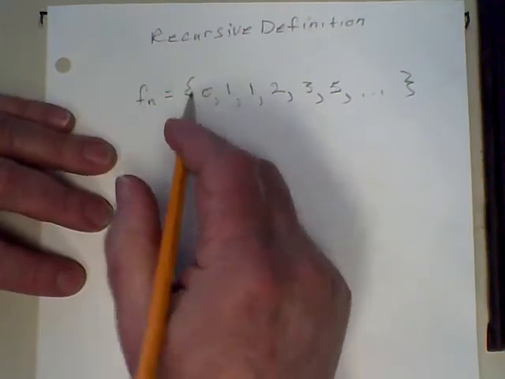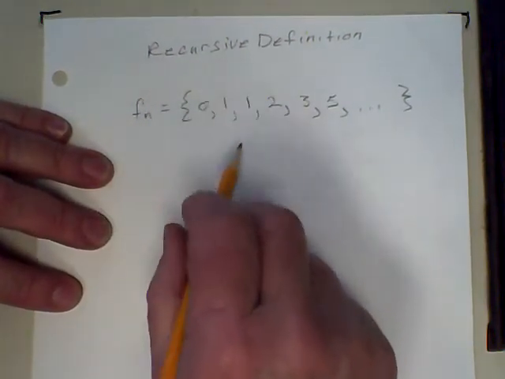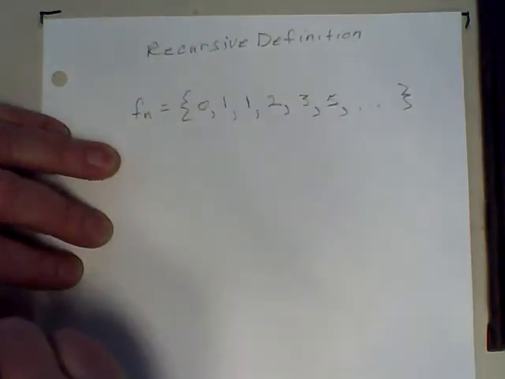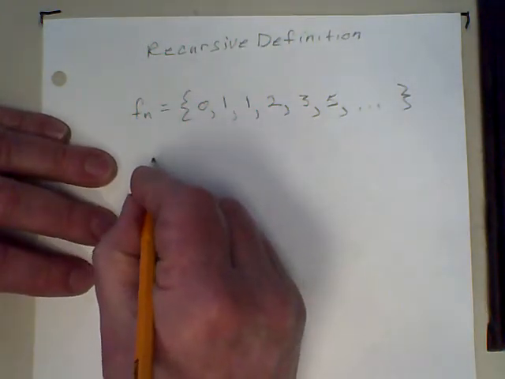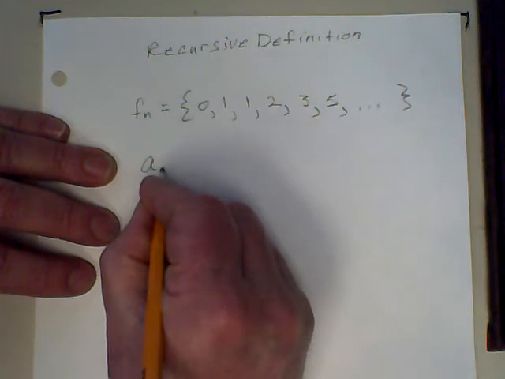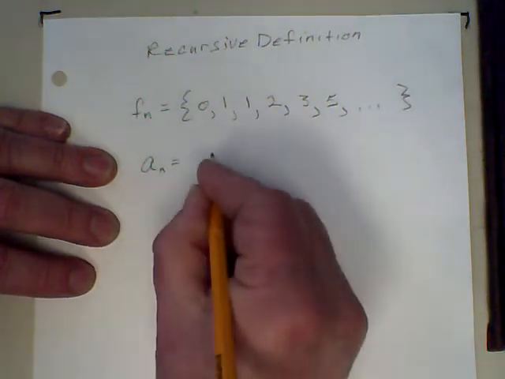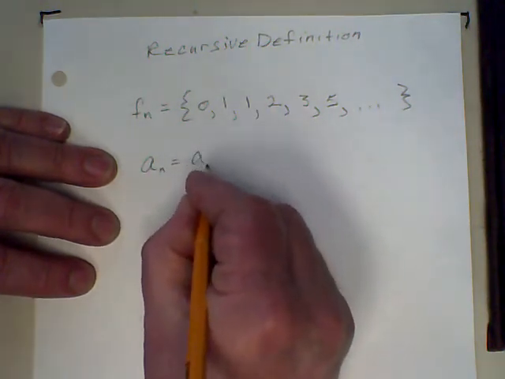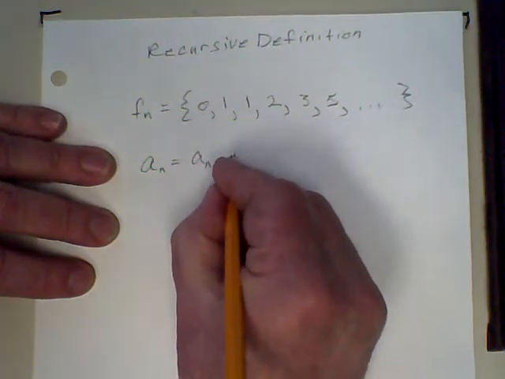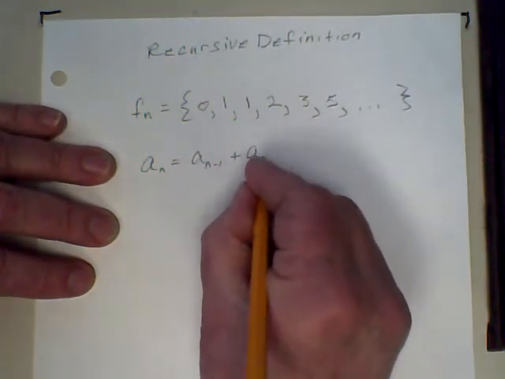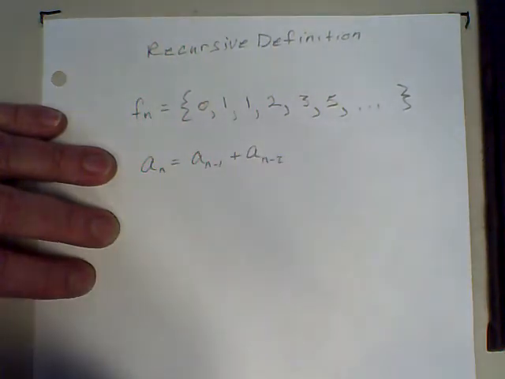So the idea here is that we have recursion. We use the previous terms to find the next one. So we would write something like this. We find the nth term by taking the n minus 1 term and adding it to the n minus 2 term.